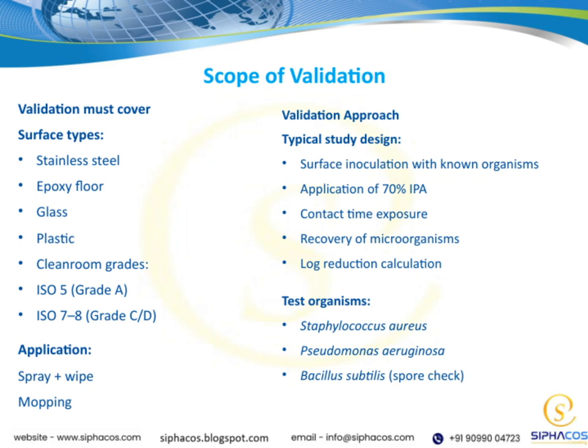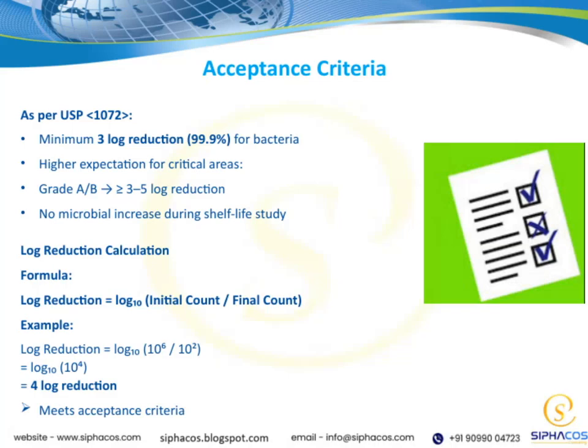maintaining strict hygiene standards. Let's take a closer look at the acceptance criteria, as outlined by USP 1072. The baseline requirement is a minimum 3 log reduction, which equates to a 99.9% reduction in bacteria. This means that our product must significantly reduce microbial presence to meet safety standards.